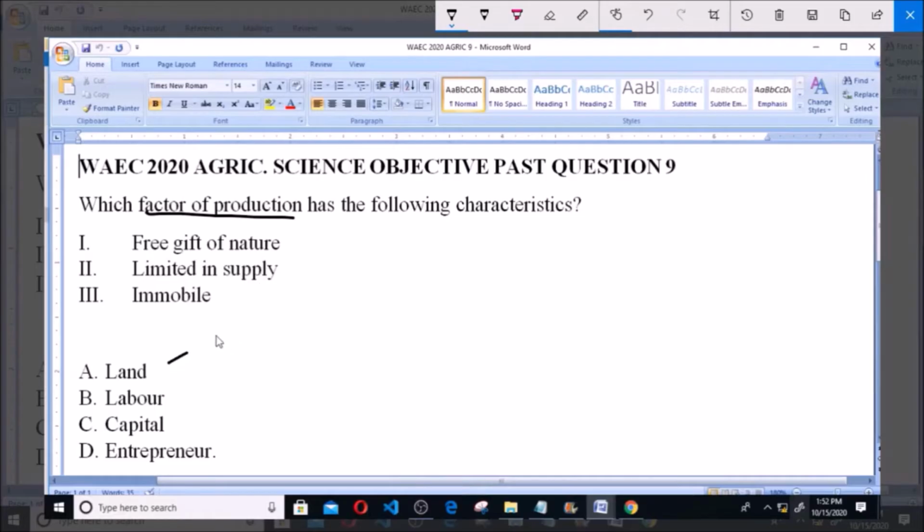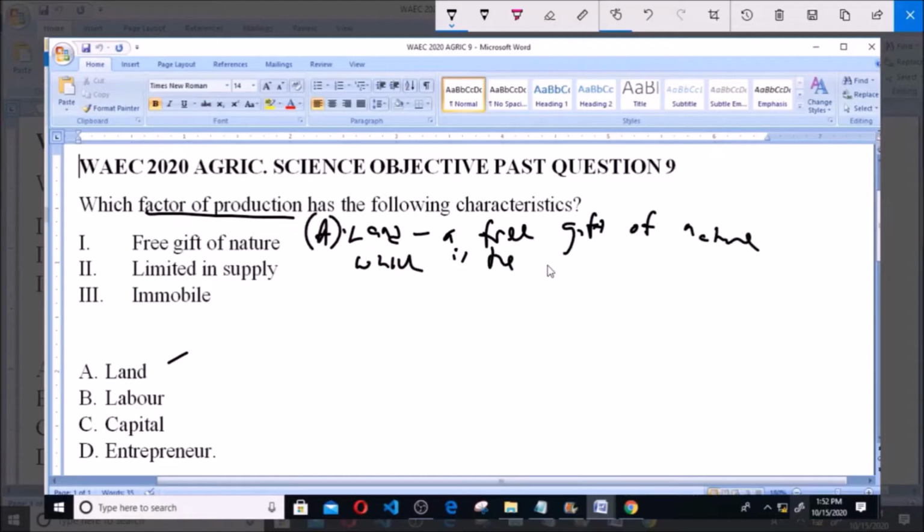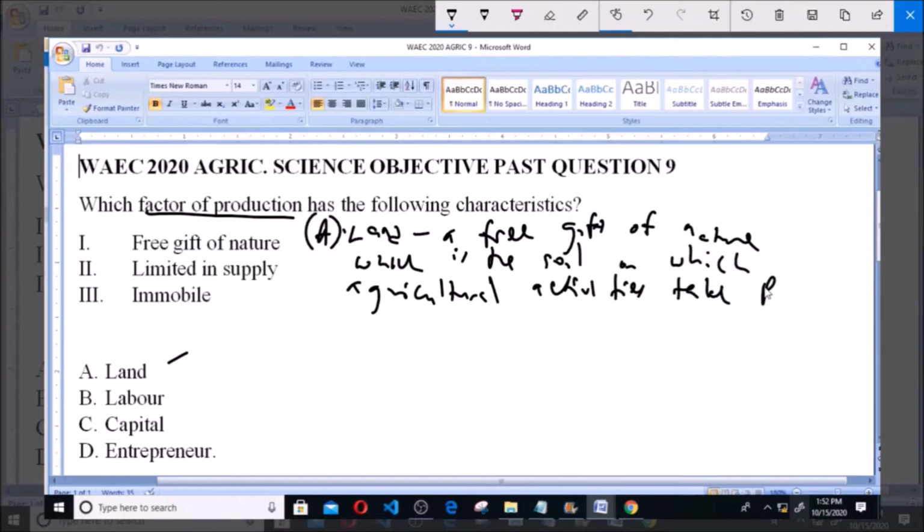Now option A is land, and land is defined as a free gift of nature, which is the soil on which agricultural activities take place.